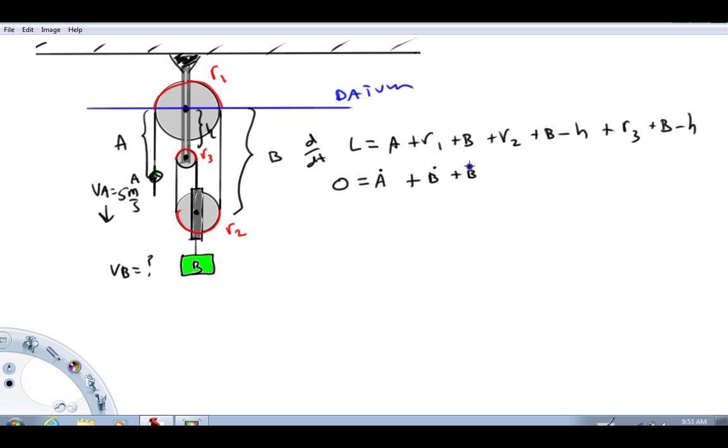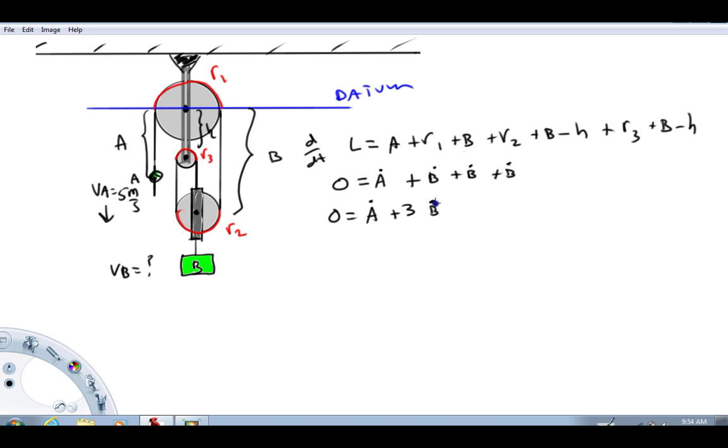Then we've got another B dot. This distance is not changing, so its time derivative is 0. This one, time derivative 0. Same thing with that very last H. And we have another B dot there. So we end up with a fairly simple equation between A dot and B dot: A dot plus 3B dot is equal to 0.